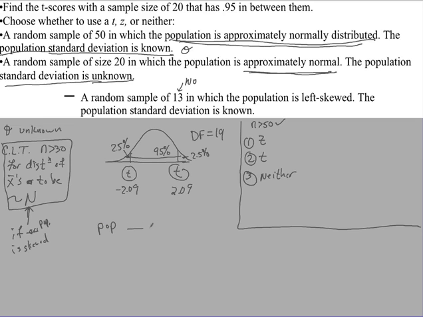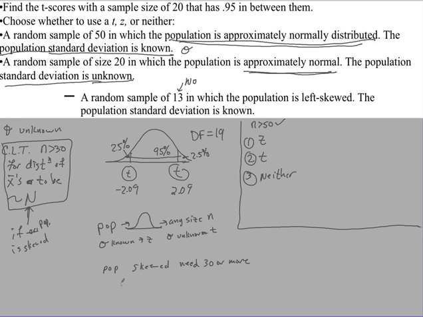If the pop is normal, we could use any size n. If this is known, we use Z's. If that is unknown, we use T's. If the pop is skewed, we need 30 or more.